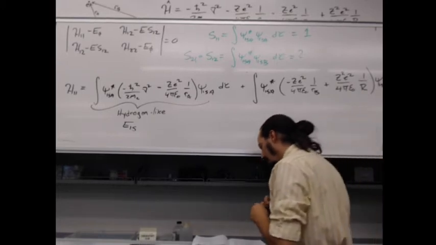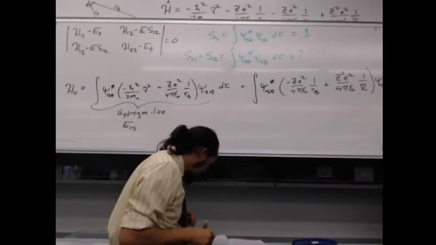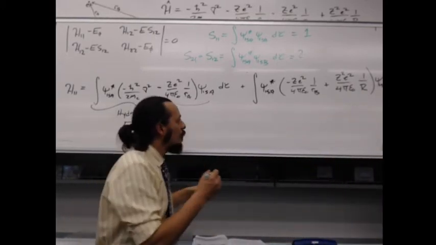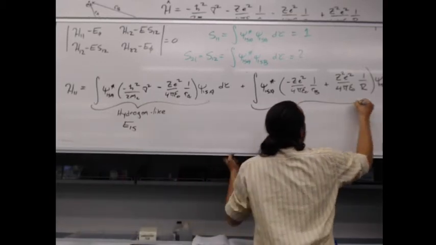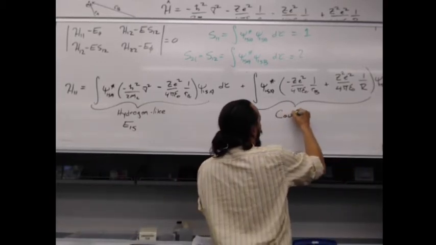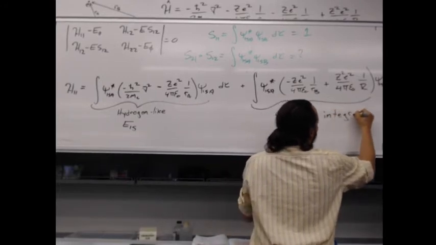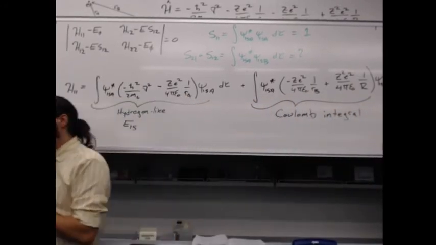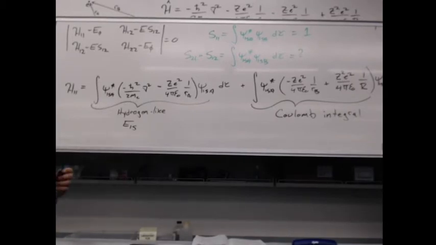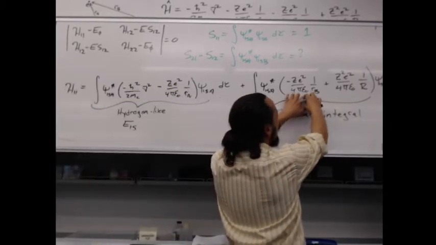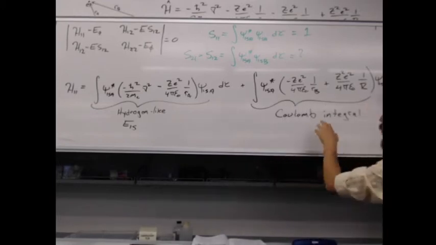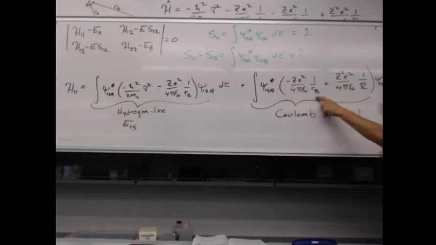And there's a couple funny things that people do. They call this the Coulomb integral because you can see that we've got this attraction term of the 1s orbital over to the other nucleus.